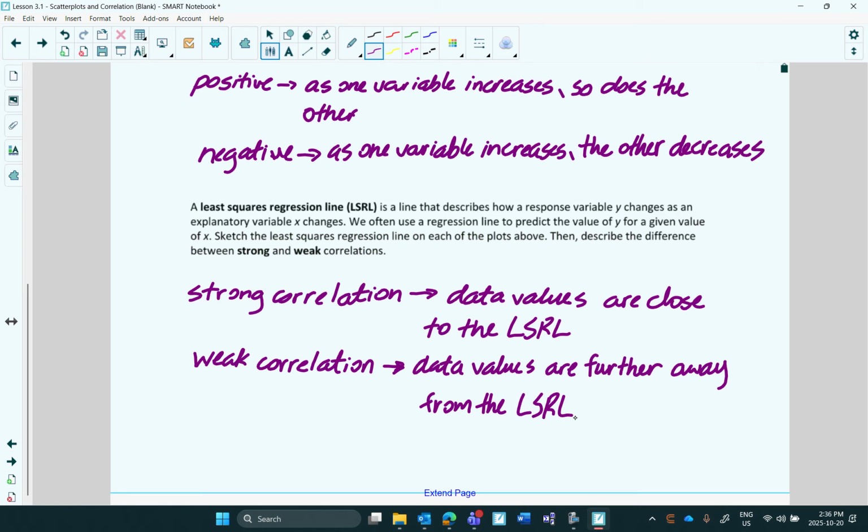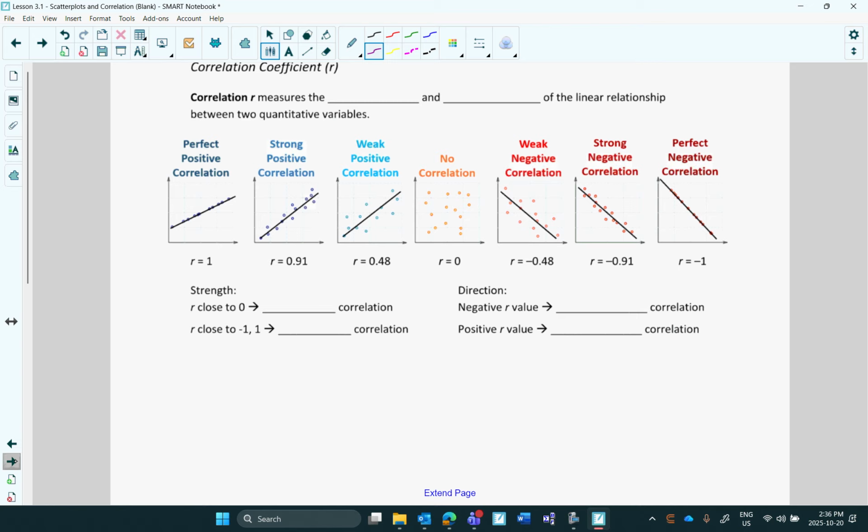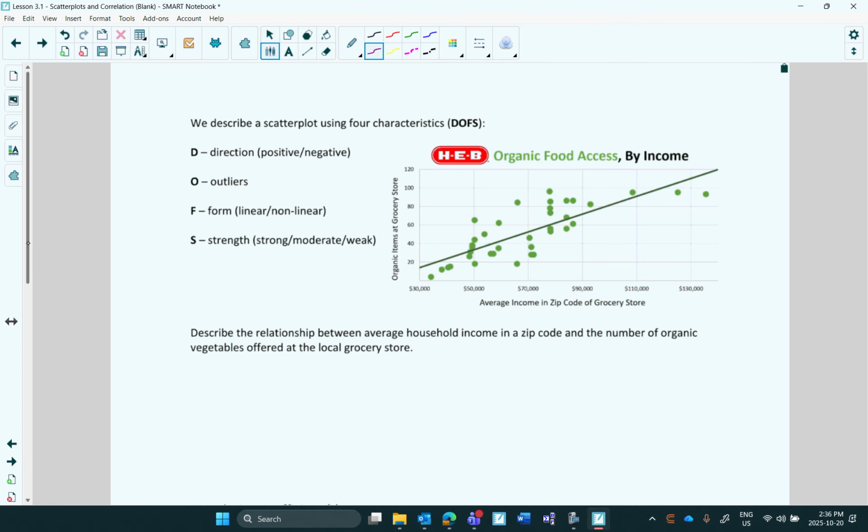So what is the quantity that we use to actually measure correlation? I'm jumping ahead myself here, because we want to talk about certain characteristics of this least squares regression line. And here's another acronym, DOFS. That means we want to talk about the direction: is it positive, is it negative?